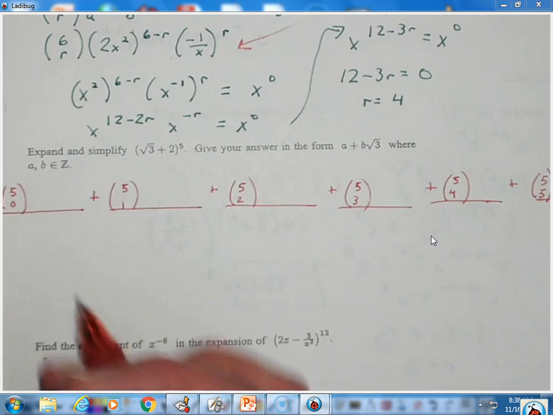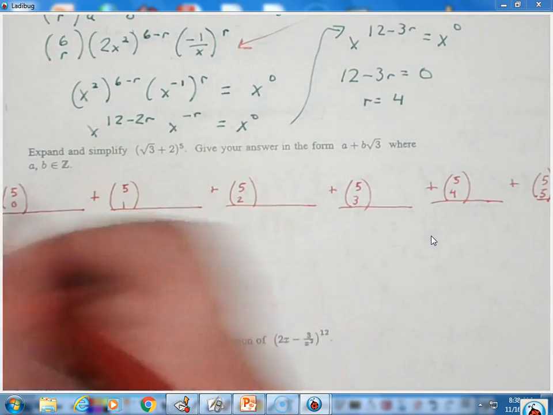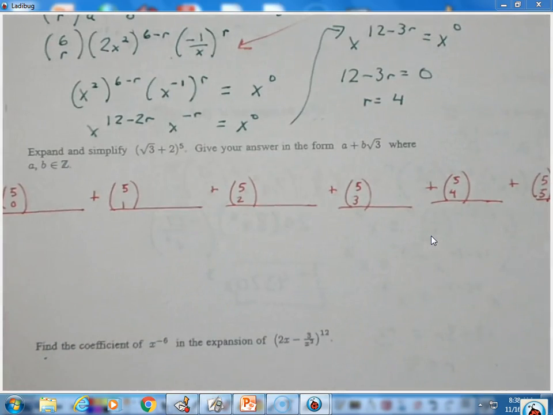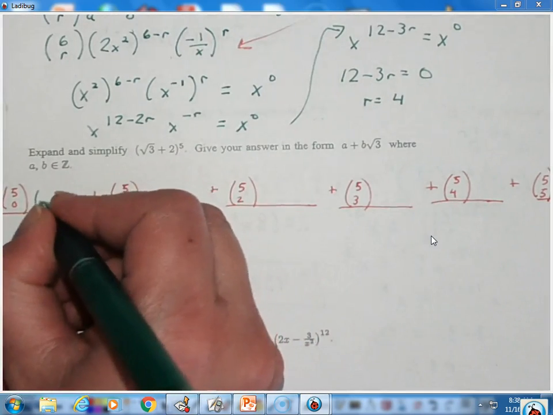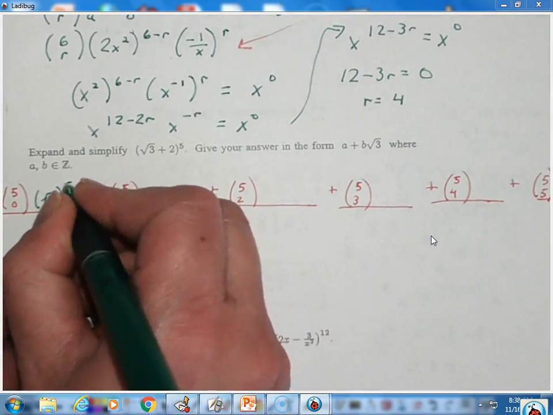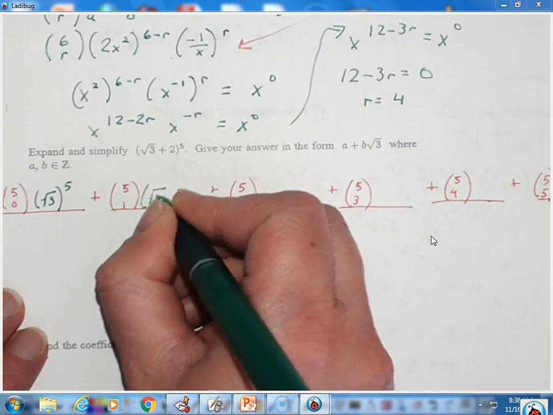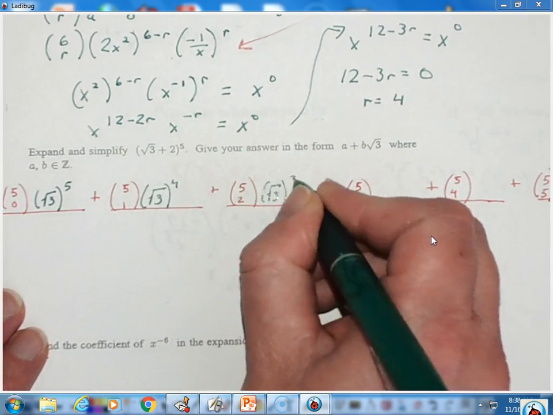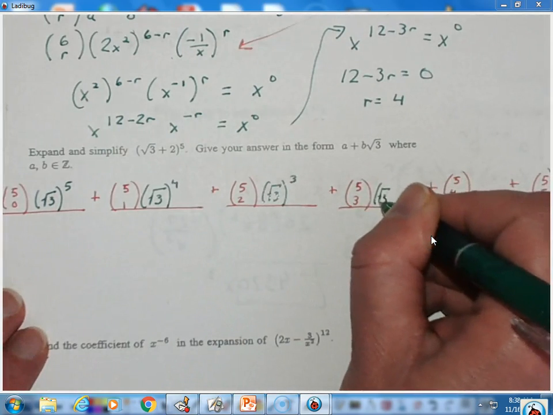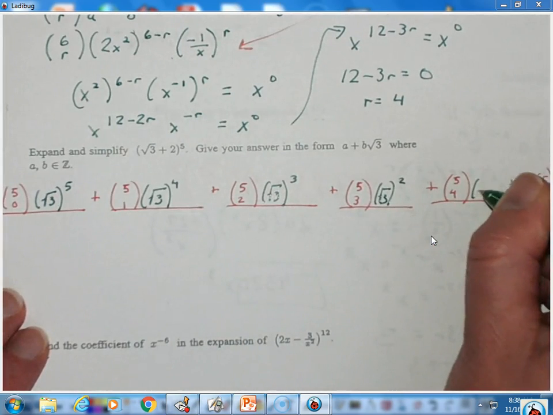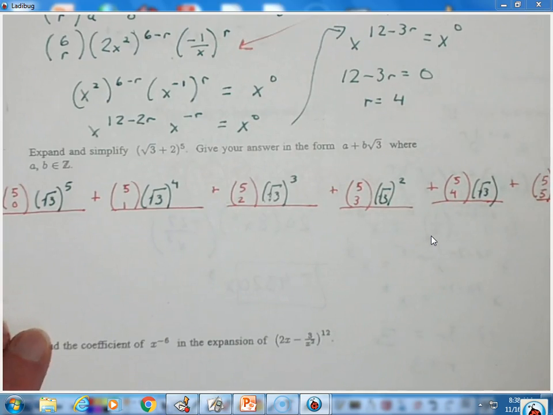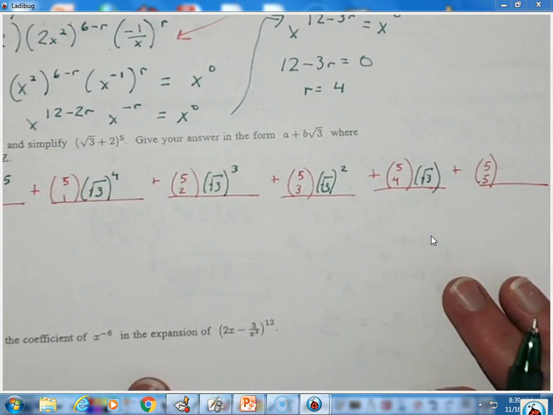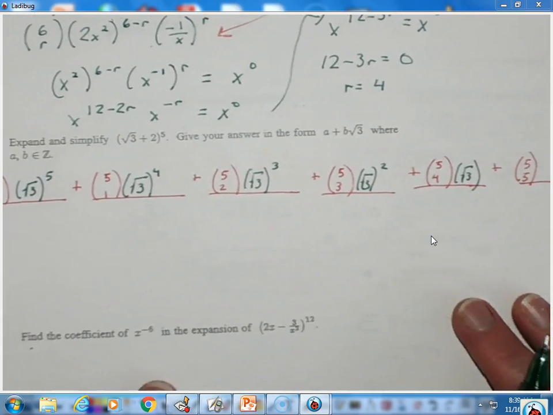You could also have found the correct row on Pascal's triangle. That's allowed too. Okay, you're going to start with the square root of 3, and it's going to be raised to the what? And then we start going down a power every time. And the last one is square root of 3 to the 0, but that's just 1, so I'm not going to write that one.